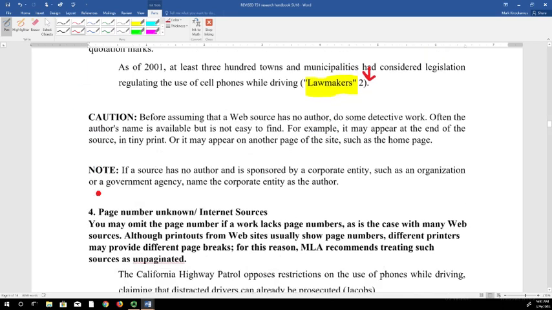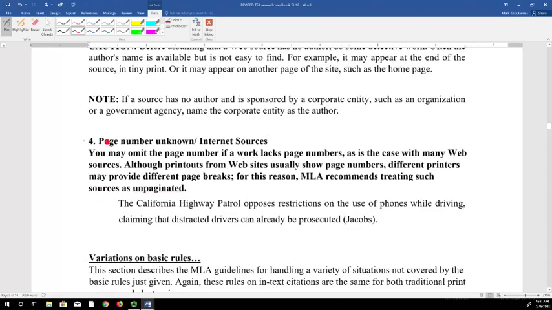Now, this next one, number 4, this is very, very common in the 21st century. This deals with things that we get from everybody's favorite place, the interwebs. Now, there's no page numbers in cyberspace.